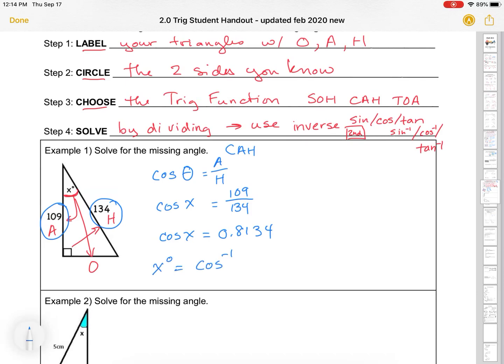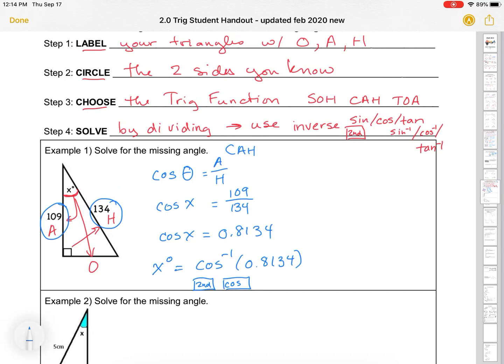Now we use our second function buttons. What we're finding is x degrees is equal to cos -1 of 0.8134. So we do second function cos for that ratio.